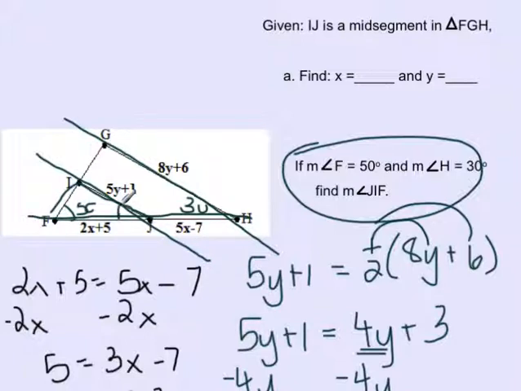This angle and this angle are both in the upper left corner of the transversal, so that makes them corresponding angles. So that guy right there is also 30. To get this angle, we take 180 minus 50 minus 30, which gives us 100 degrees. We use the 30 to find the angle because we have a triangle formed right there.